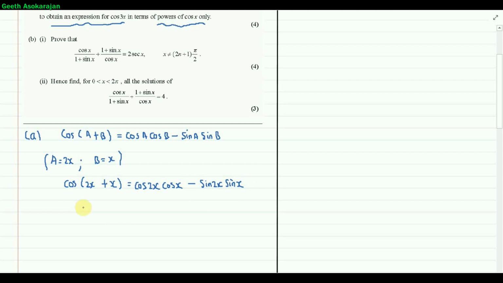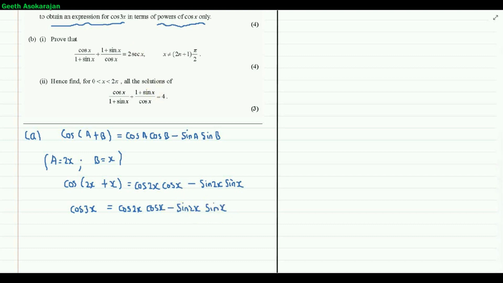Now let's go one further stage. So we have cos on the left, 2x plus x is 3x, and that is equal to, at the moment, cos 2x cos x minus sin 2x sin x.